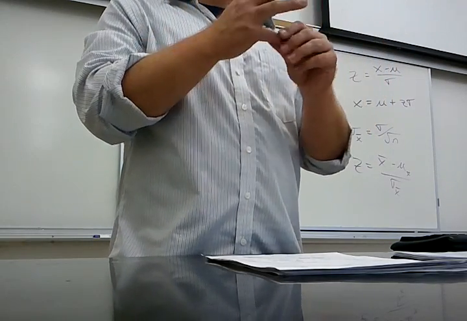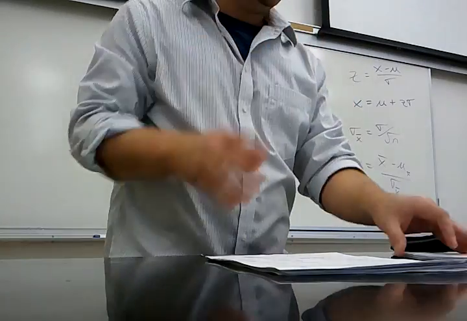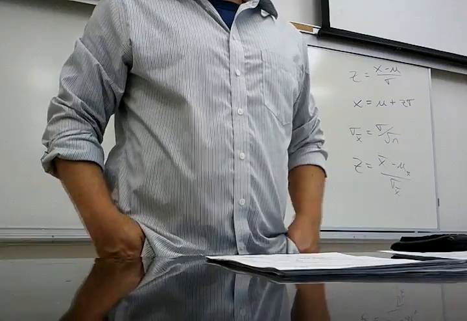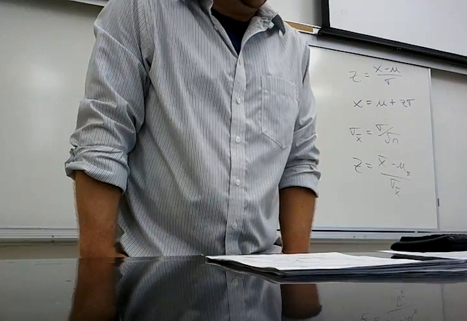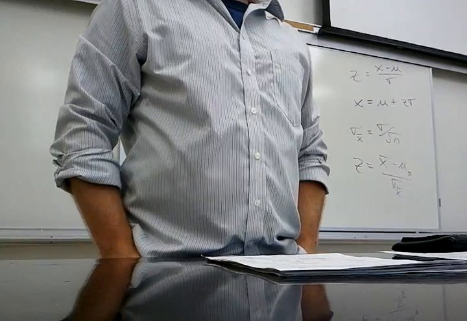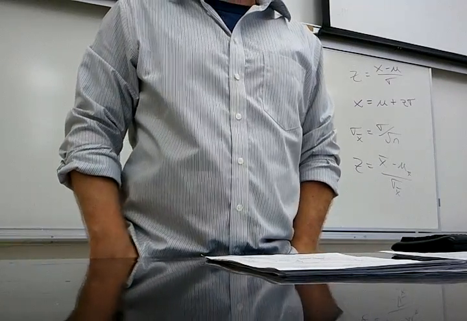That's it. So if you're okay with number 3, I would definitely try number 5 if you haven't tried that already. It's a really good one because it's got everything in there that it could do to you, basically, on a z-score probability problem.